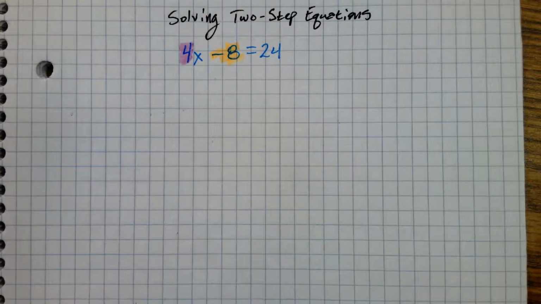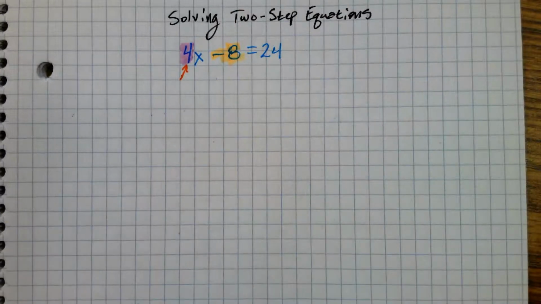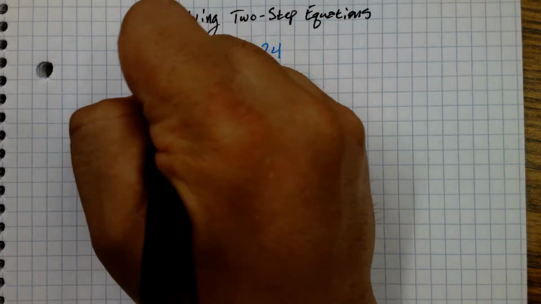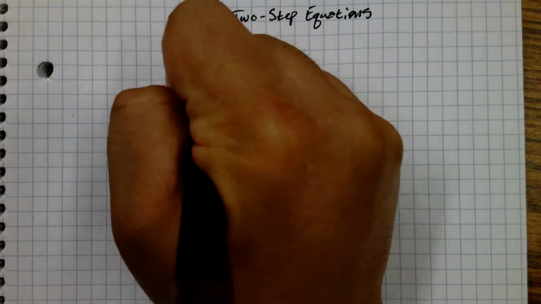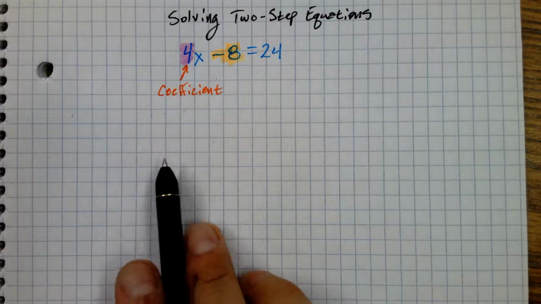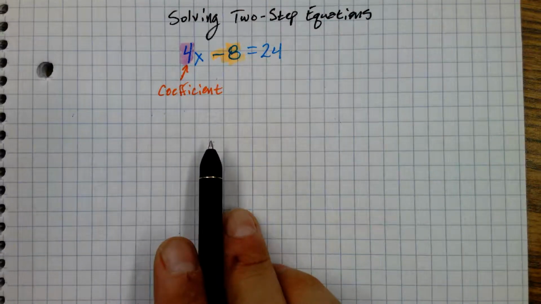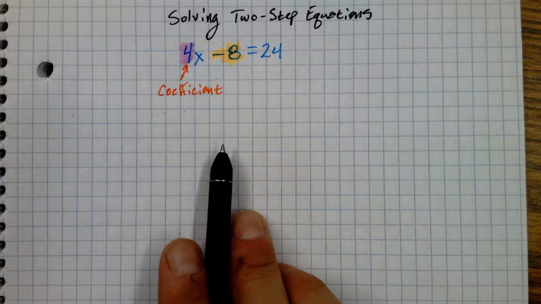Okay, so this number here, we're going to call this a coefficient. Write that down. Coefficient.